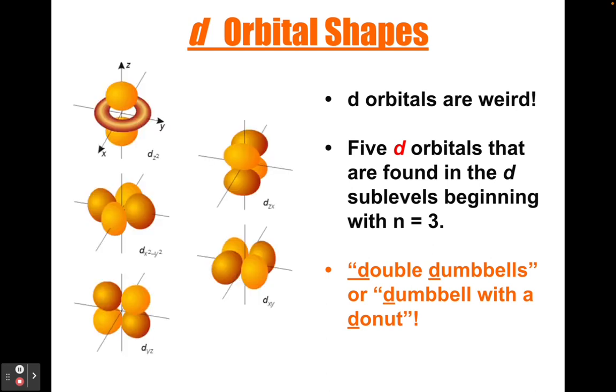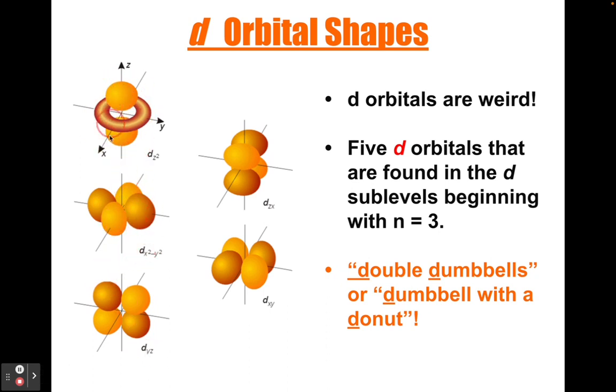So these are the shapes of the 5 d orbitals. You can see here that they're named according to the orientation. This is the ZX, meaning these are in the ZX plane of the coordinate system. XY, these four lobes are in the XY plane, and these are in the YZ plane. You can see the different shapes.